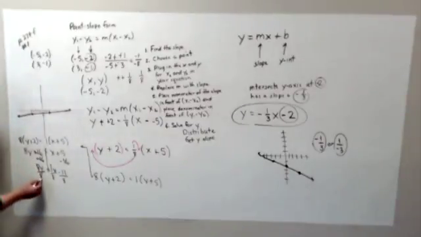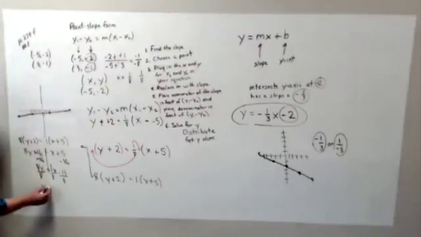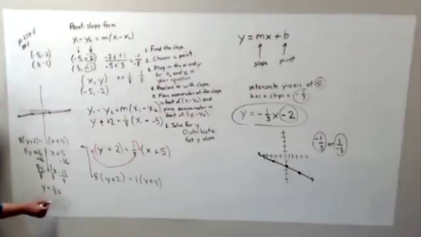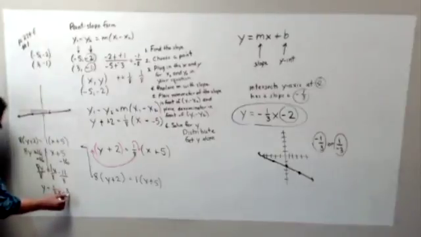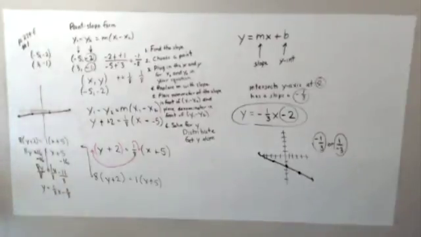This cancels this out. I have y equals 1/8 x minus 11/8. 11/8 can't be divided evenly. So we leave it in improper fraction form.